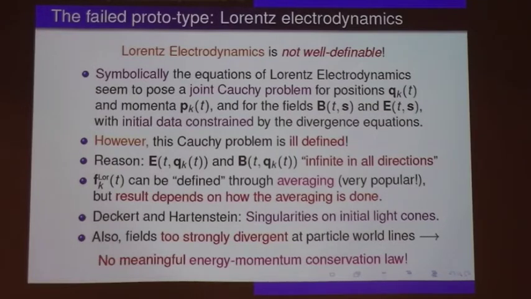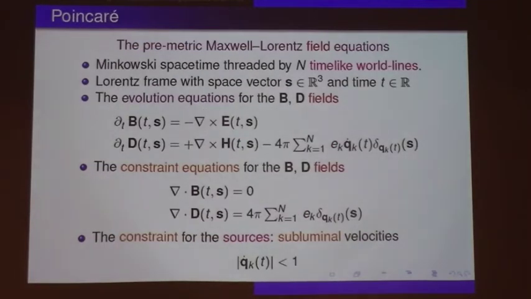And let me not get into what people have done to try to overcome it, but I will say later a little bit about that. The interesting thing is that roughly at the same time, Poincaré already had some insights. Namely, these are generalized Maxwell equations.